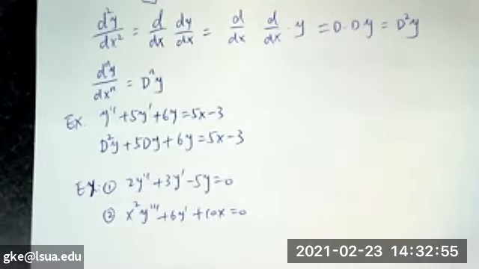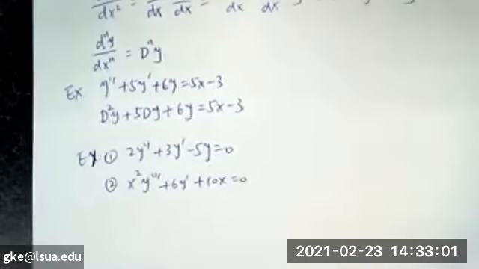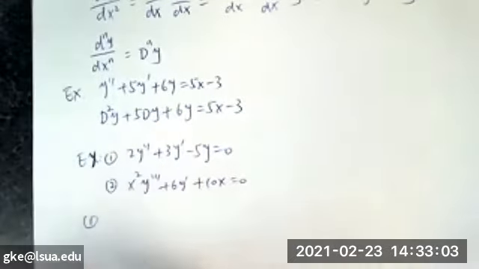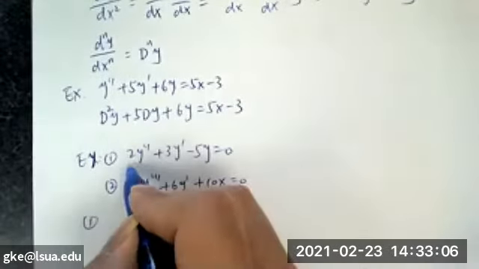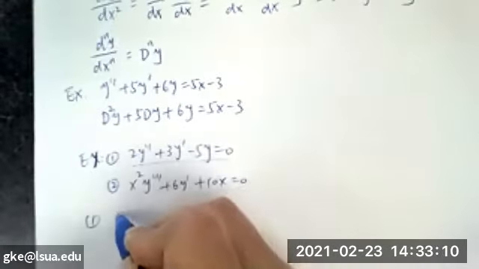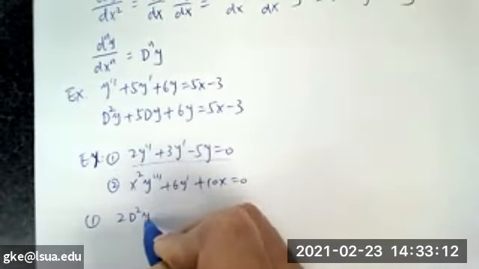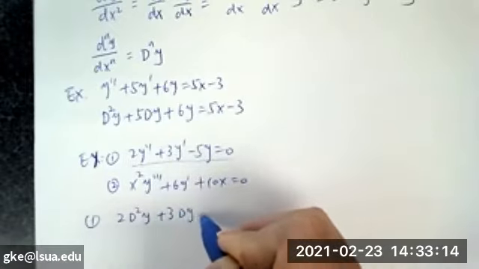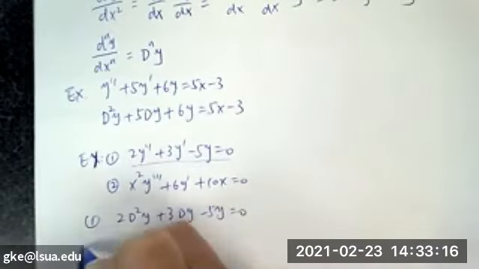Okay, now let me write down the answer for you guys. So let's take a look. The first one, we can write down D squared y plus 3Dy, and so on.